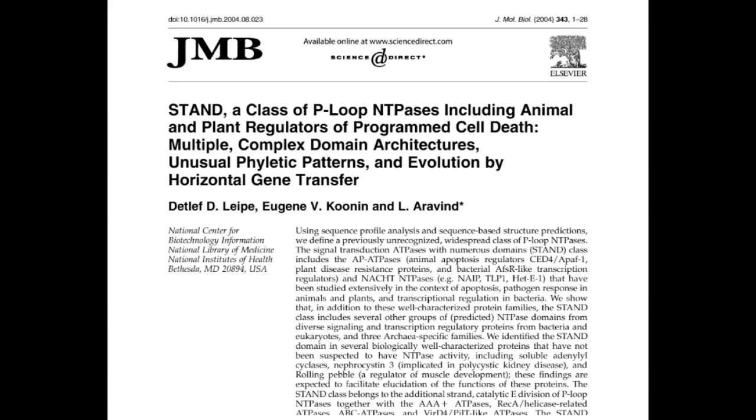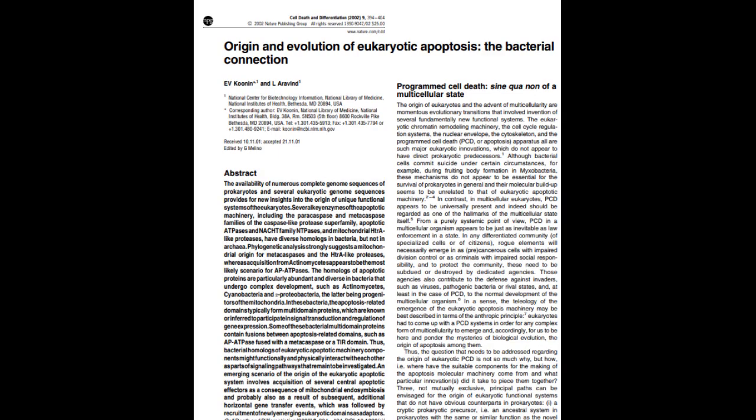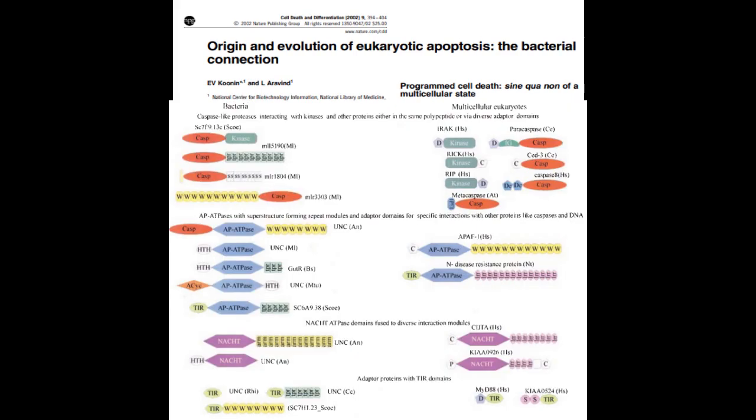And this pair of the anti-apoptotic and pro-apoptotic components working antagonistically to maintain a certain balance, which came from the BCL2 superfamily. Mm-hmm. And the origins of most of these had been sort of tied to the prokaryotic world.